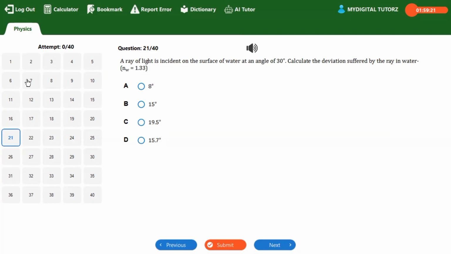So without wasting time, in an exam setting, what should come to your mind is that refractive index is equal to sine of angle of incidence all over sine of angle of refraction. And also that angle of deviation is equal to the angle of incidence minus the angle of refraction.